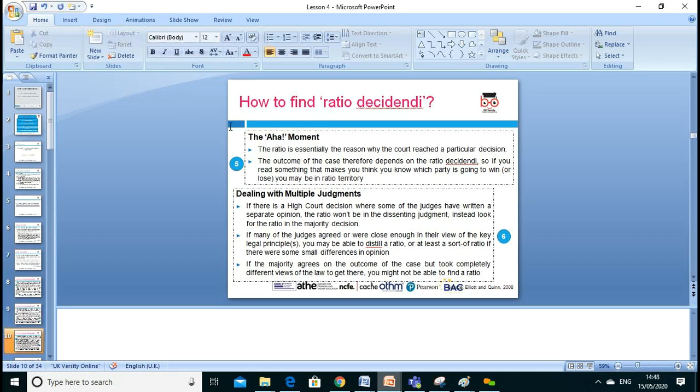What is meant by ratio itself? Anybody know? Have you learned ratios? What is meant by ratios to you? Anyone? A couple of you have heard about financial ratios? We know the percentage.